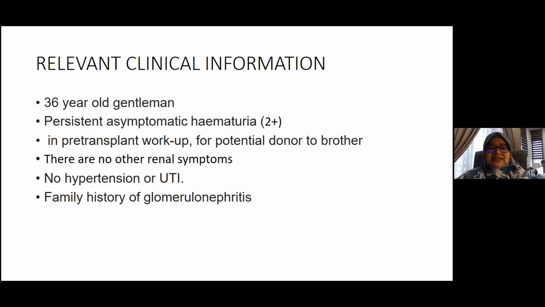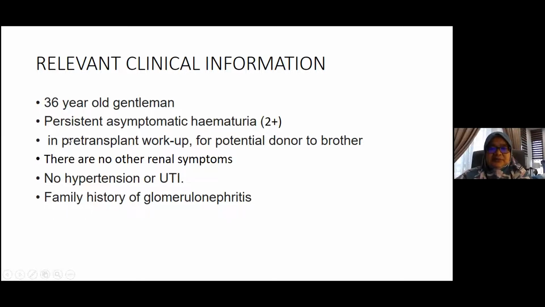So this case 2 is a 36-year-old gentleman. He is a pre-transplant workup, a potential donor to his brother. Otherwise he doesn't have any symptoms, but during the workup he was noted to have hematuria, and it has been persistent. No other renal symptoms, no hypertension or urinary tract infection, and there is a family history of glomerulonephritis.